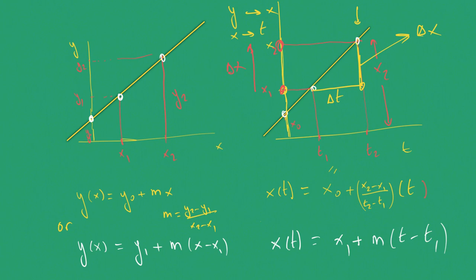So the equation of the motion of the object in terms of x and t is this equation. x of t is x initial, or x1, plus m times t minus t1. Or you can put x of t equal x0, if you prefer, plus m times t minus t0. It's the same equation, they are mute variables.